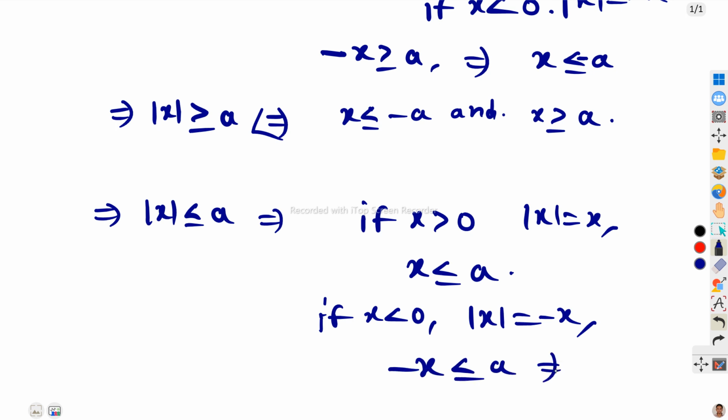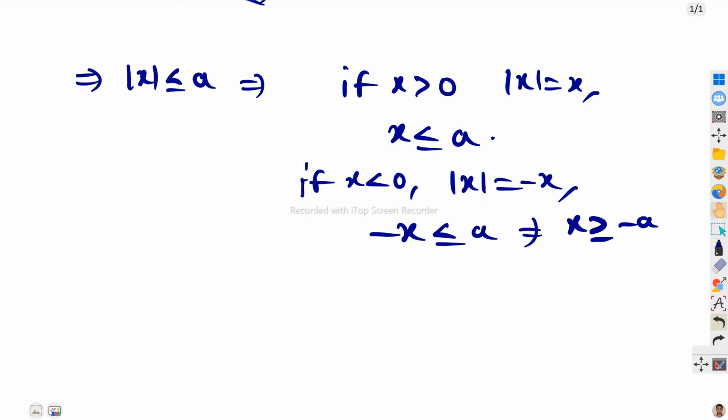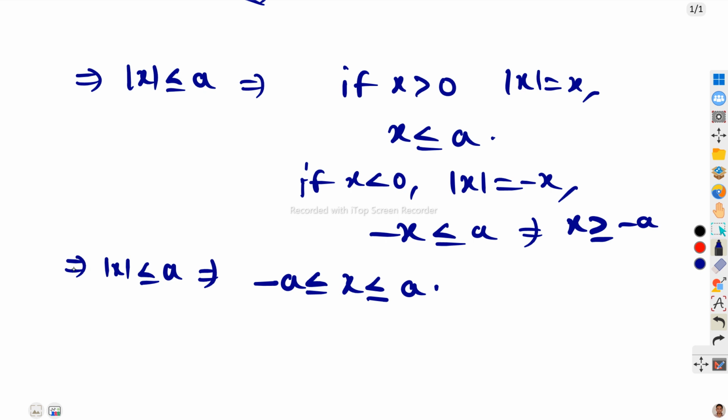If we interchange the negative sign, the inequality changes and this becomes x is greater than −a. So combining these inequalities, this is equivalent to x being greater than or equal to −a but less than or equal to a.